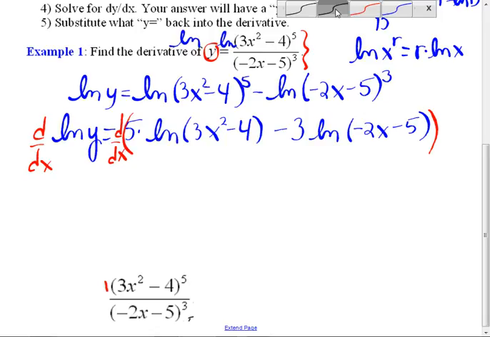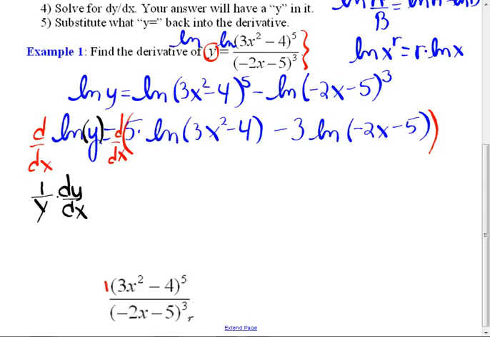Okay, so what's the derivative of the natural log of y? 1 over y times, chain rule, the derivative of the inside function. So it's dy dx equals. Now I can just ignore the 5 and take the derivative of the inside function. Well, what's the derivative of this?